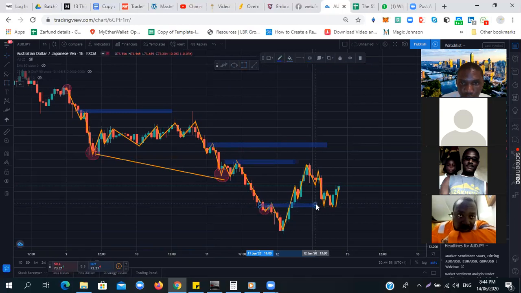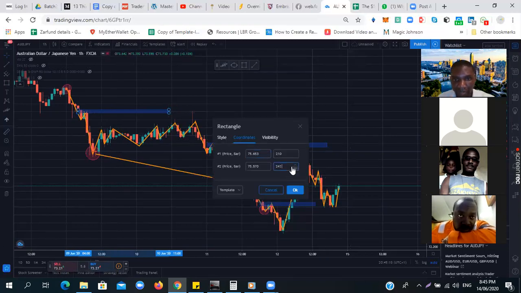Okay? So what we'll just do now is extrapolate these lines, these structural lines we have here. Let's extrapolate them and see.